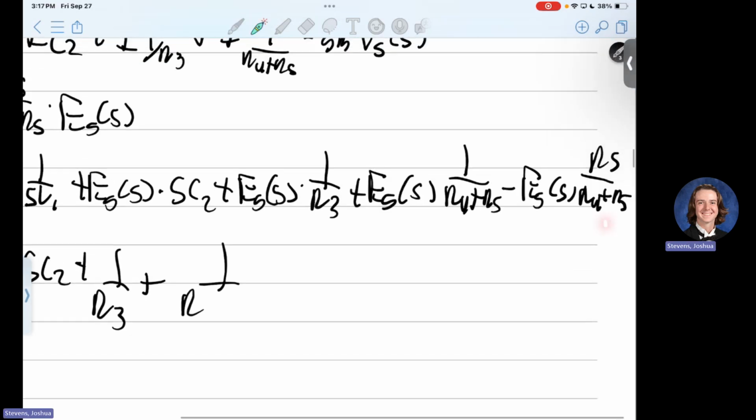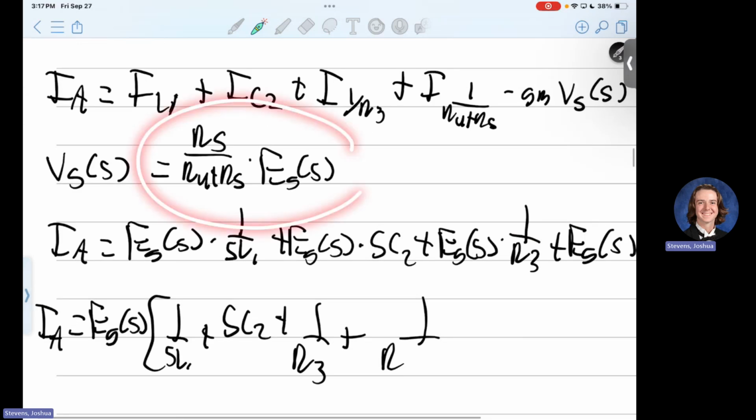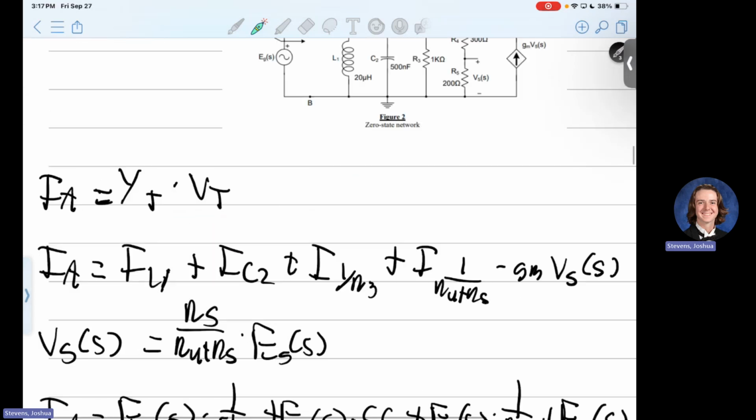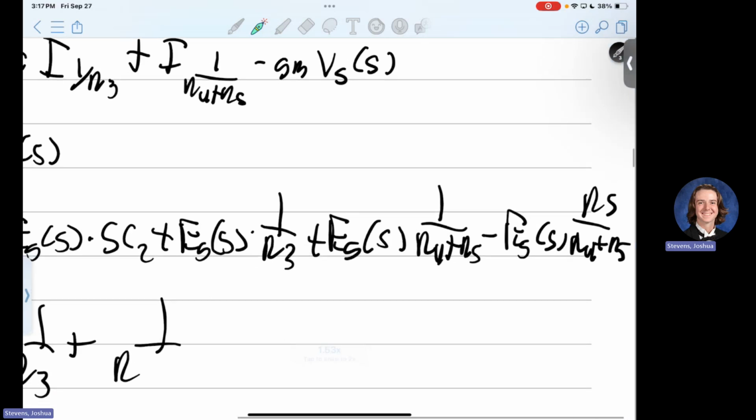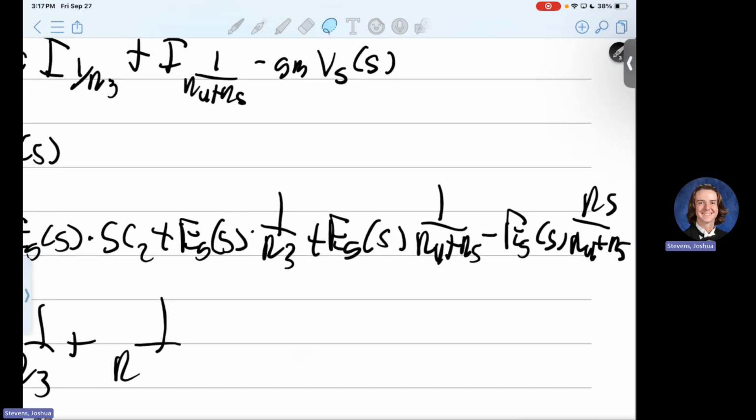This term here was cut off a little bit, but it is just R5 over R1, R4 plus R5, because we found the voltage divider here for V5. And the reason that is the case, if you look, I forgot a term. Let me scrunch some stuff.